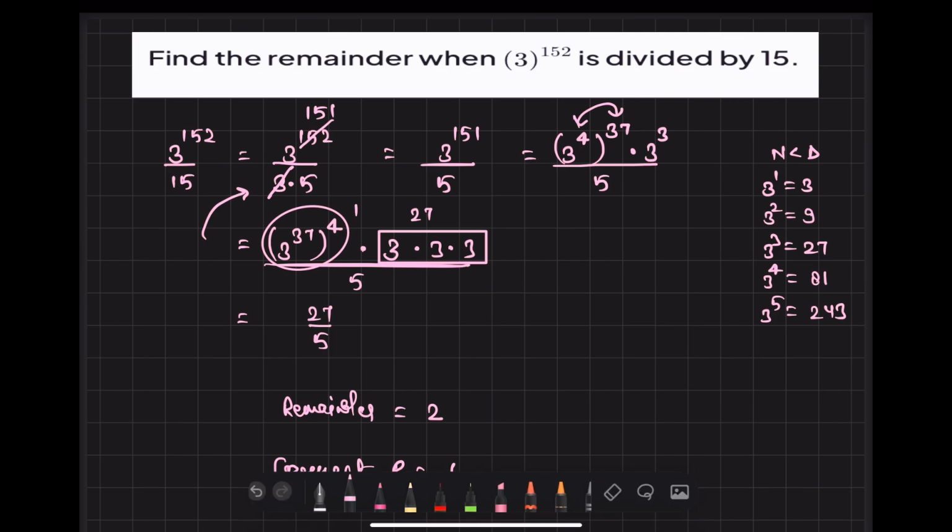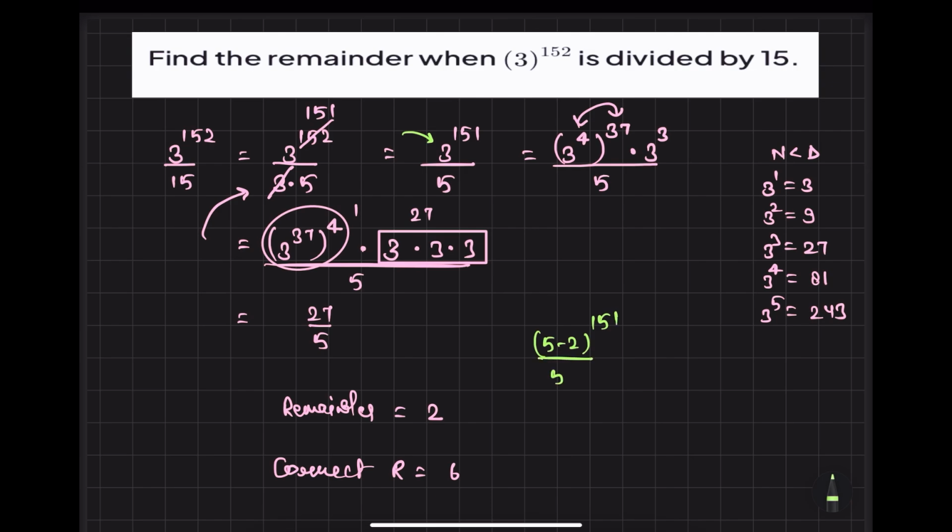So using Fermat's Little Theorem as well as the simplification, you got the answer. Suppose you don't want to use Fermat's Little Theorem but you did the simplification, so you can write this 3 as (5 minus 2) power 151 by 5. Now you have to expand. You know that every element in which 5 is present will be clearly divisible by 5. So we have only one element in which 5 will not be there, and that is 151C151 into (minus 2) power 151.